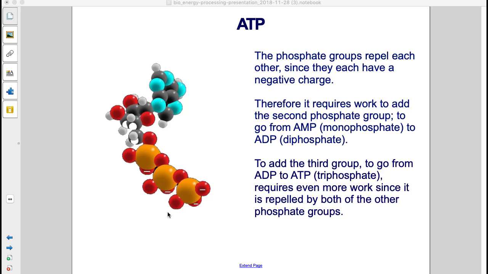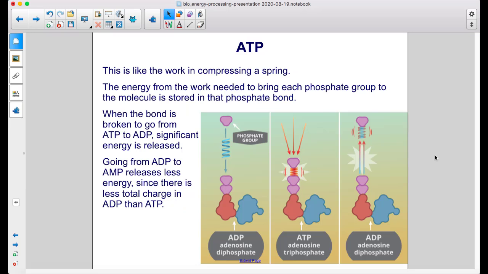To add the third group to go from ADP to ATP, which is the triphosphate, requires even more work since it is repelled by both of the other phosphate groups. This is like the work in compressing a spring.